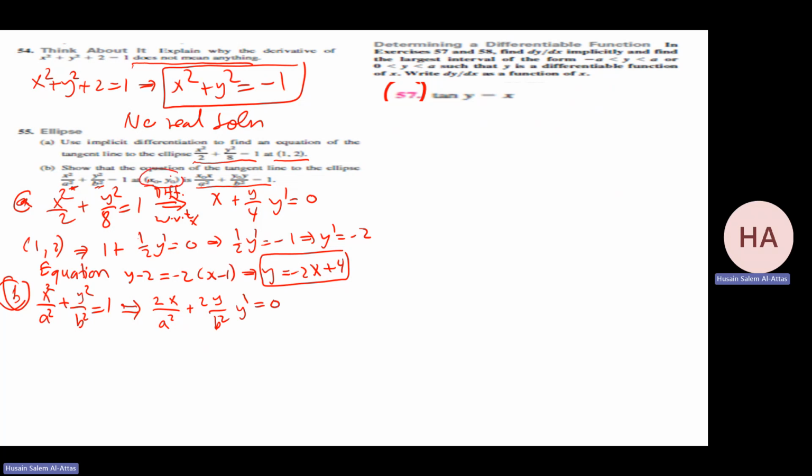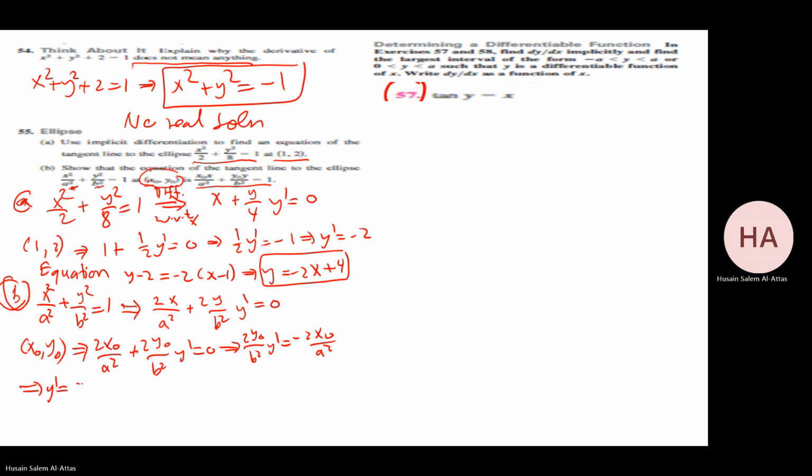Now this is my point, x0, y0. Plug it here to get 2x0 over a squared plus 2y0 over b squared times y prime equals 0. So 2y0 over b squared y prime equals minus 2x0 over a squared. So the slope will be minus x0 over a squared times b squared over y0, where I cancel the 2 with the 2. That will be the slope.